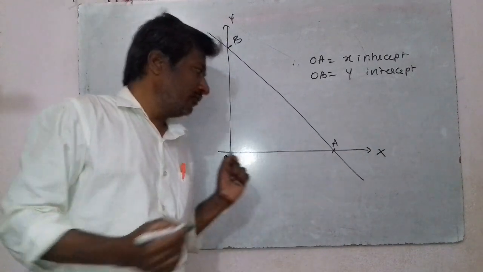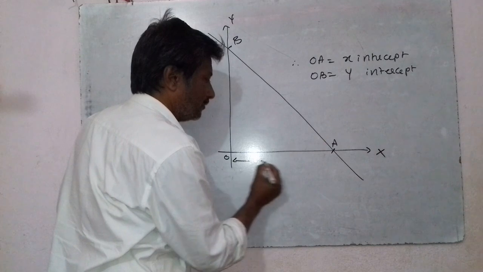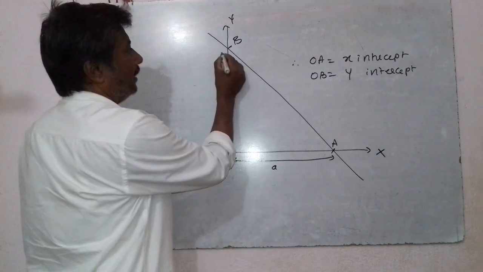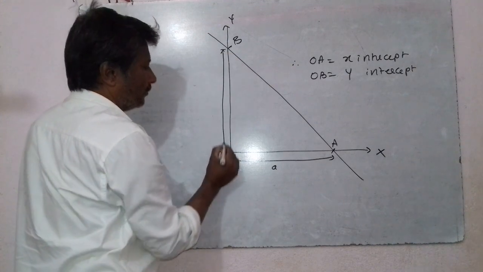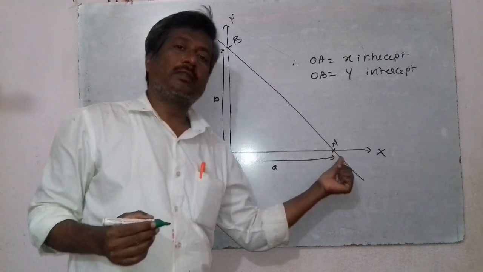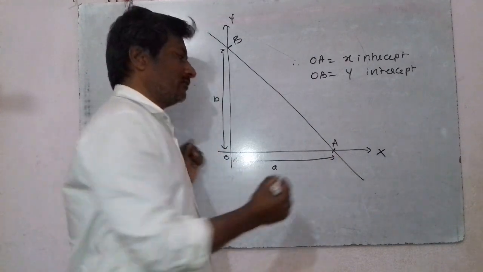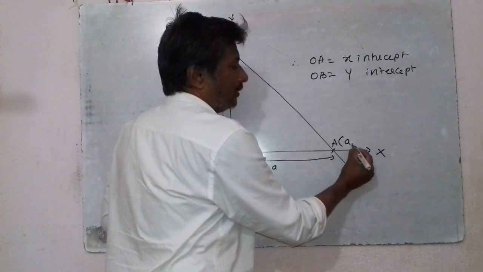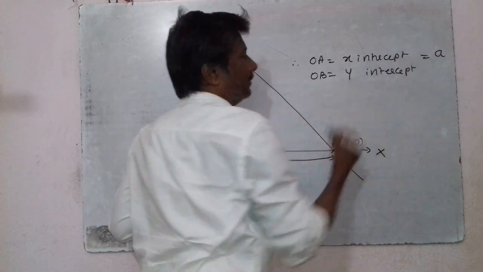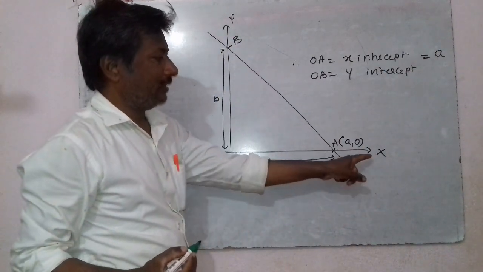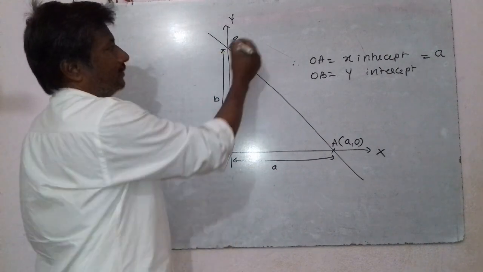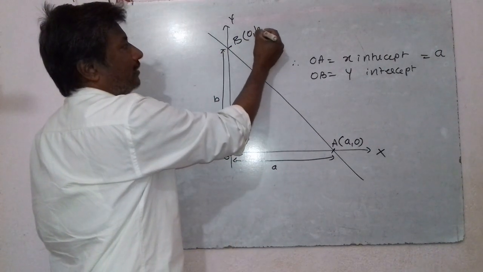If this equals small a and this equals small b, then the point A is given by a comma 0. The point B is 0 comma b.